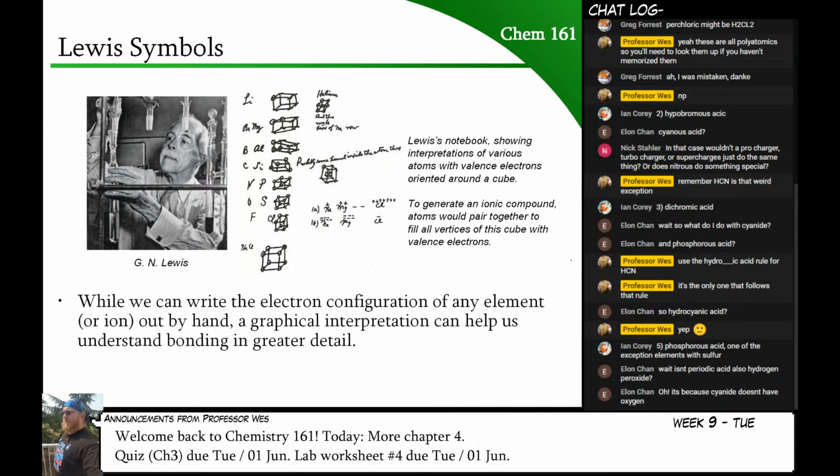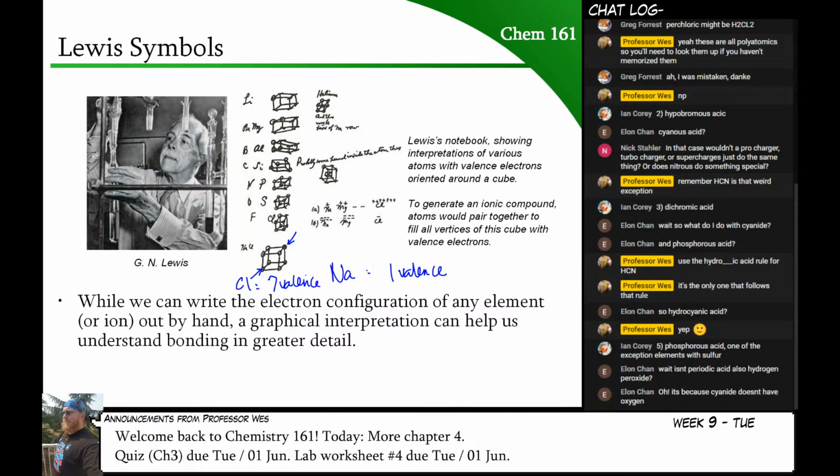So, for example, sodium here provides this 1 electron, and chlorine here provides the other 7. And you might remember that sodium has 1 valence electron, and chlorine has 7 valence electrons.